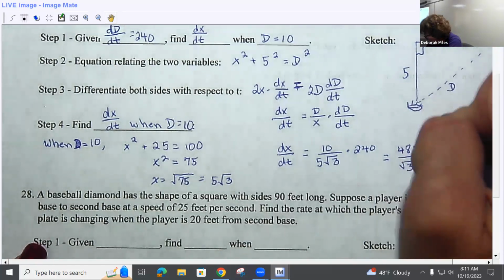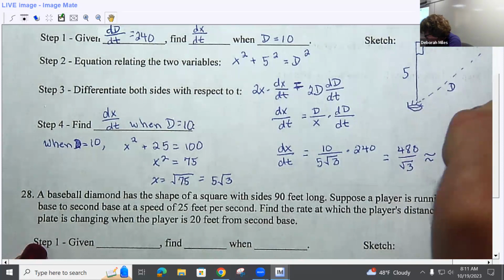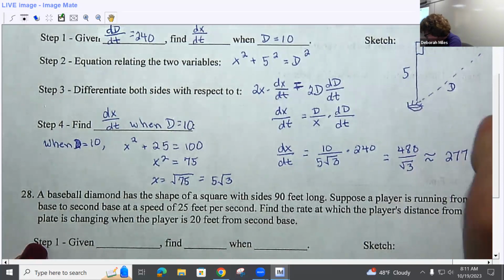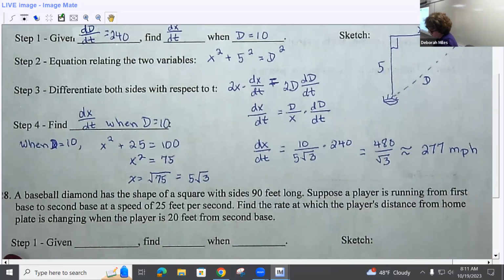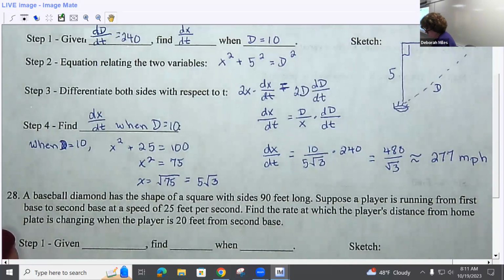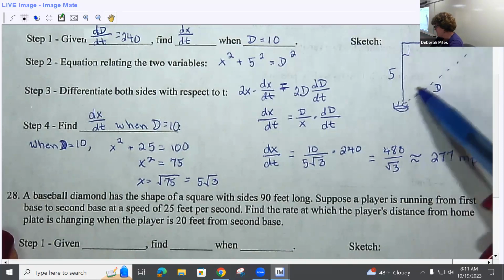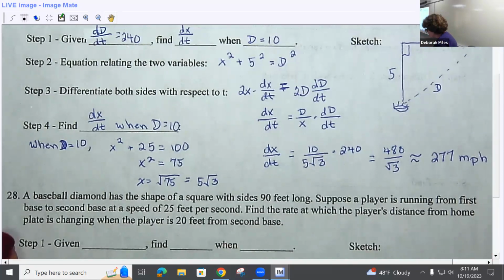To the nearest whole miles per hour, I got 277 miles an hour. So that was a lot like some that we did yesterday, in that it involved a right triangle and the Pythagorean theorem. Any questions on that one?